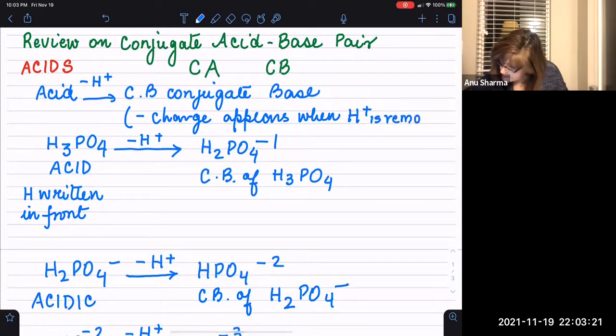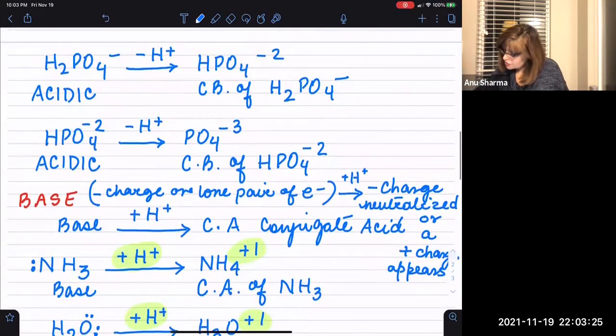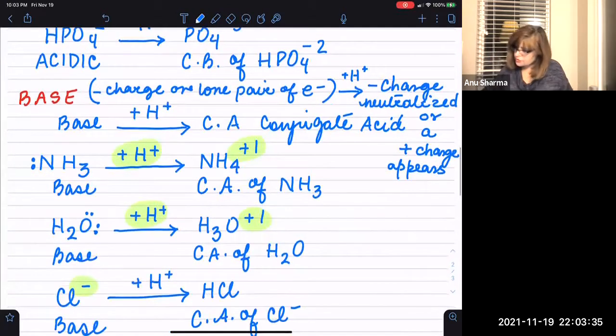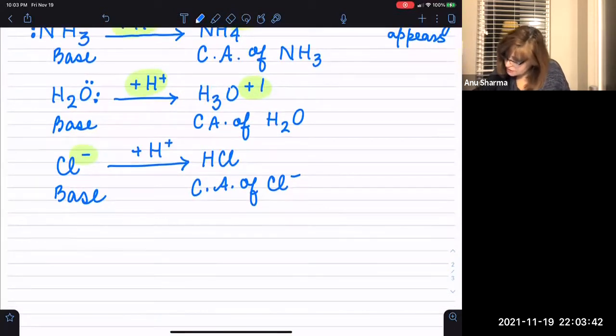Charge neutralized, negative charge or lone pair of electrons makes a base. When a hydrogen ion is added, negative charge is neutralized or a positive charge appears. Okay, so that's the conjugate acids. So this is the HCl.